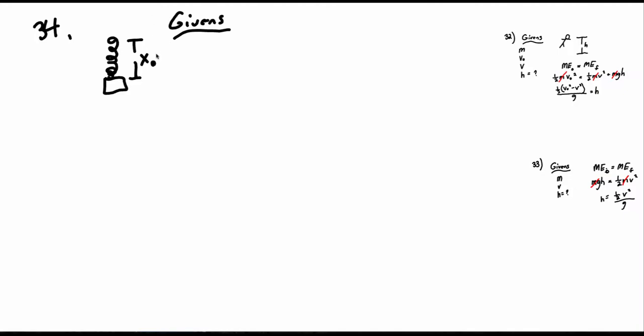It is attached to a door frame and a 75 kilogram object is hung from the other end. So we know the mass of this object, and we'll call that m. So our givens are m, x naught, and the stretched spring, so x is equal to 41.5. Well, let's just keep it in variable form.